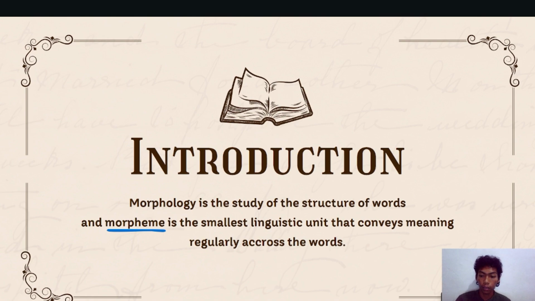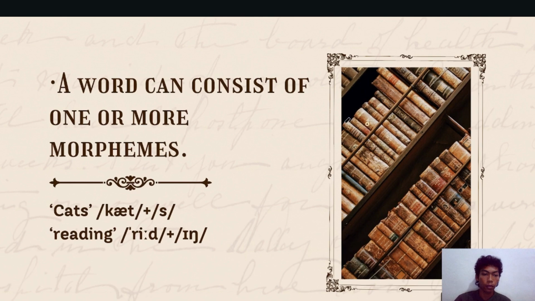For example, the word cats has two morphemes, cat and s. Cats means a cat, and the s tells us that there is more than one. It's the same with reading: read and ing.